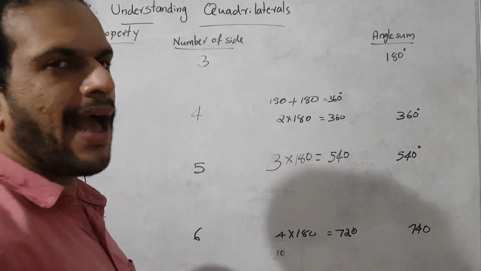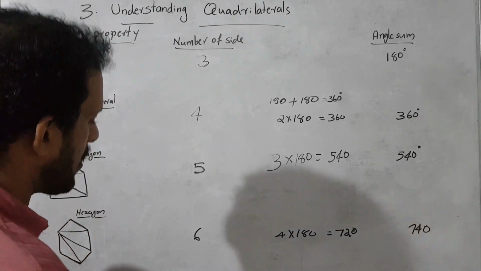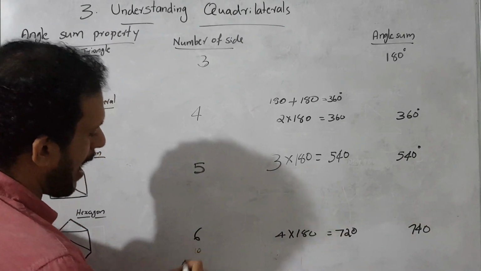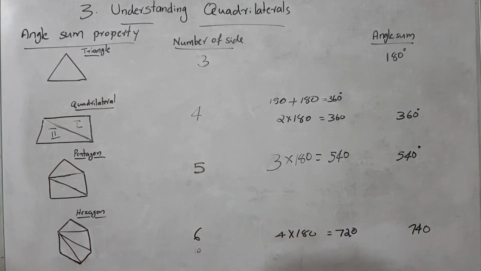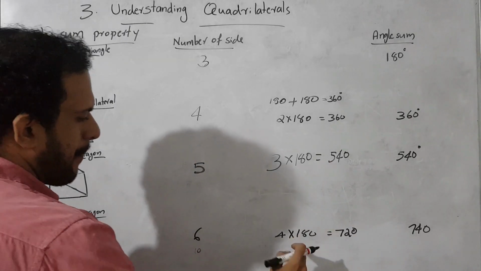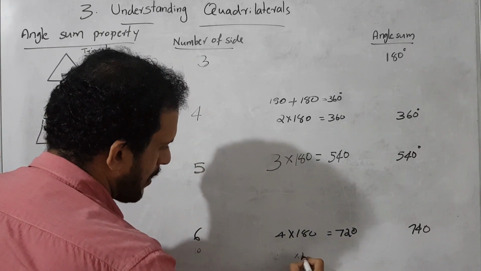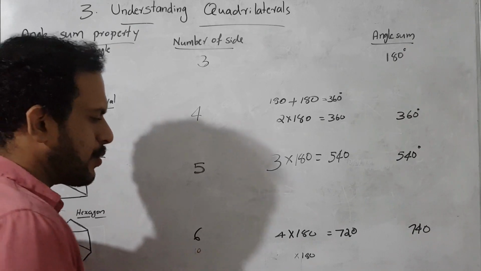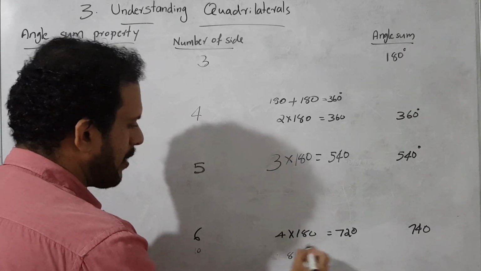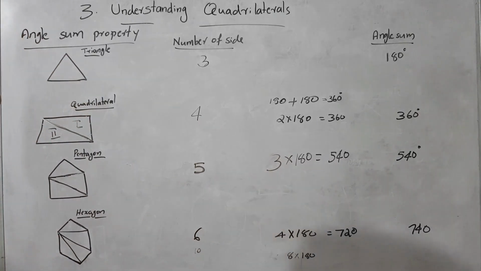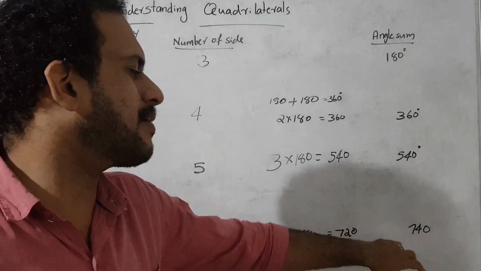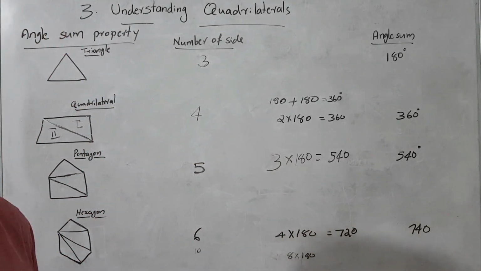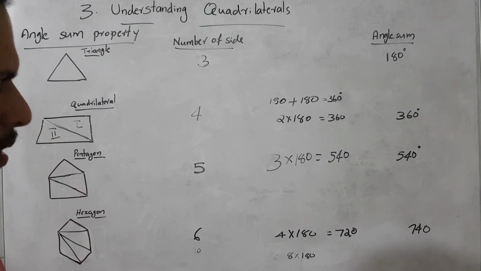For example, if the number of sides of a polygon is 10, how do we find the angle sum? We need to multiply 180 degrees by 10 minus 2. What is 10 minus 2? 8. 8 into 180 degrees is the angle sum of a polygon with 10 sides.